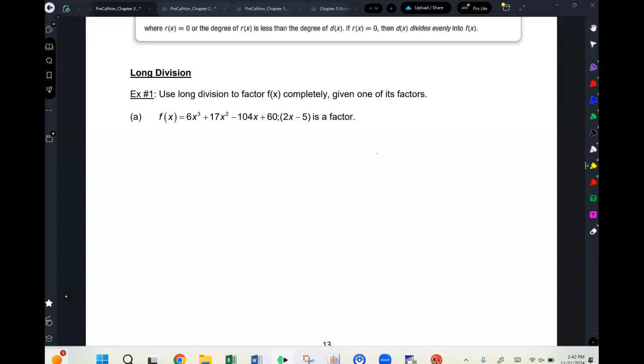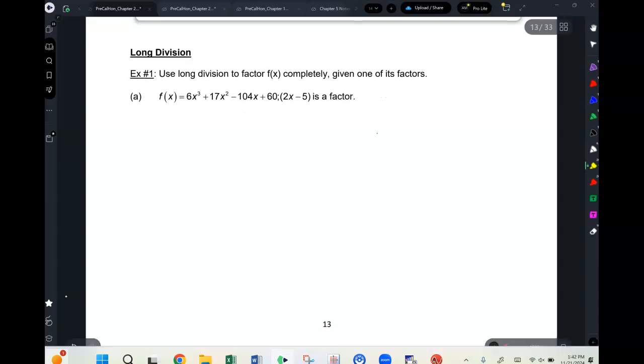Here it says factor f of x completely given one of its factors. For example, if you divide 24 by one of its factors, say 4, you know that you're going to have 6 with no remainder.